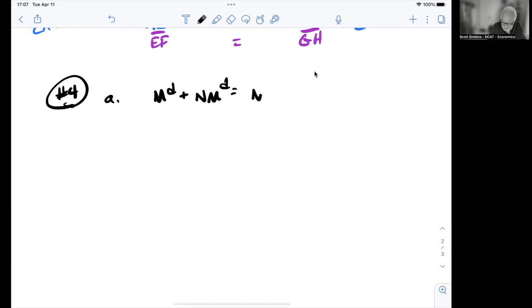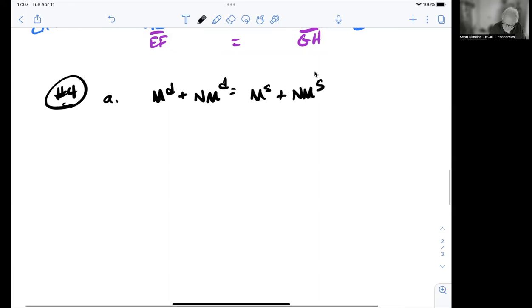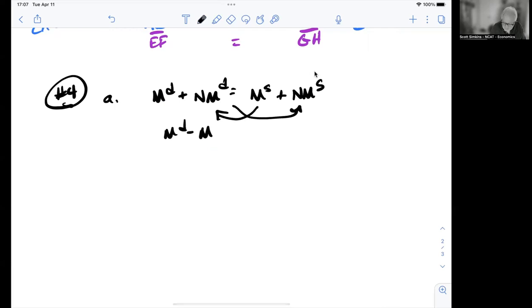That's got to be equal to the supply of money and the supply of non-monetary assets. And we can bring these things to the other side. So we're left with demand for money minus the supply of money equals the supply of non-monetary assets minus the demand for non-monetary assets.